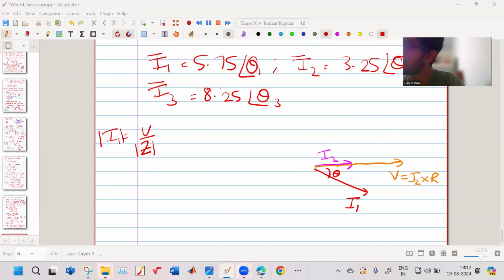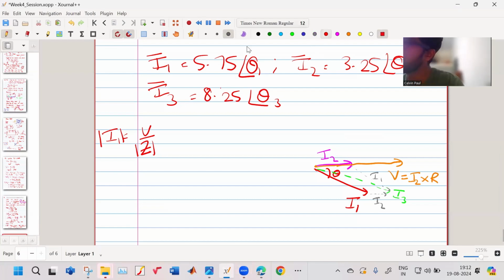Okay. What will be your I3? So this will be your I3. This is your I2, and this is your I1. It actually is a phasor sum.